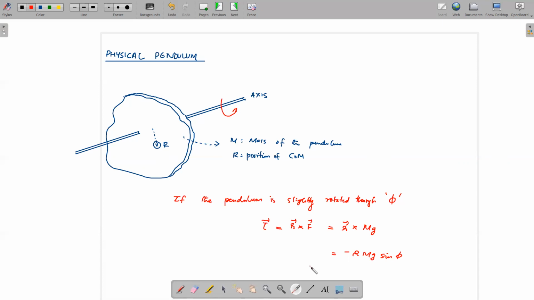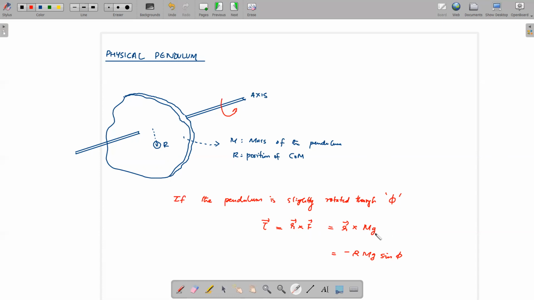Okay, here let's find out the rotational dynamics. Let's find out the equation for SHM. Okay, let's see how it is done. So initially, we know that capital M is the mass of the pendulum, R is the position of center of mass. If the body is slightly rotated to an angle, let's take the angle as phi, then we know that torque in the equation is R cross F, right?